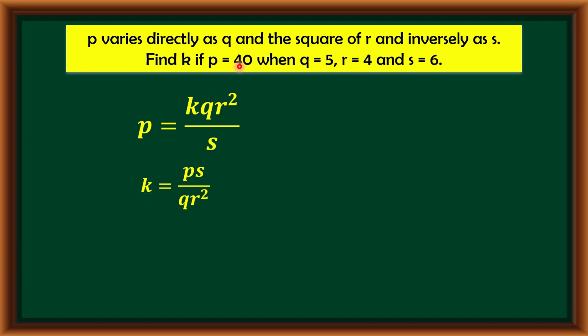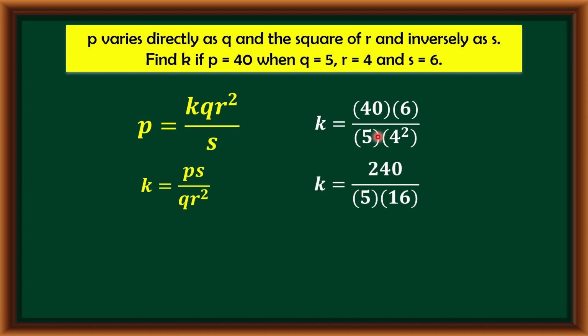Let us now substitute 40, 5, 4, and 6 to our equation. So we have 40 for the value of P, 6 for the value of S, 5 for the value of Q, and 4 for the value of R. Then we have K is equal to 40 times 6 over 5 times 4 squared.